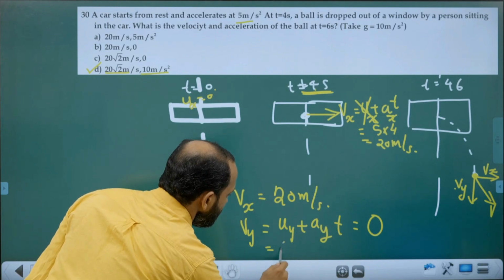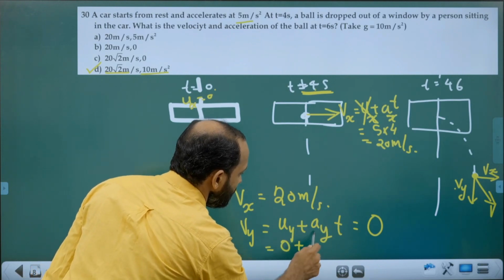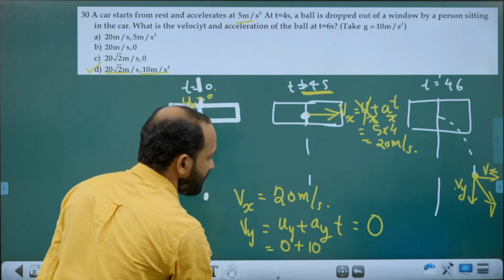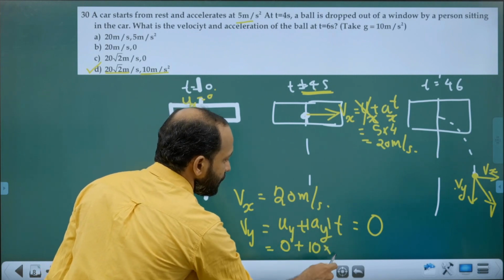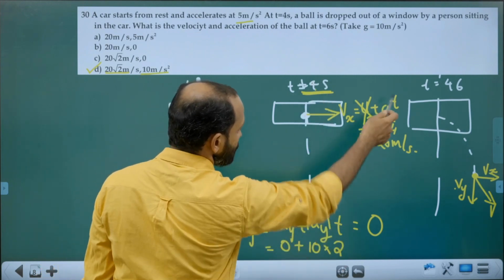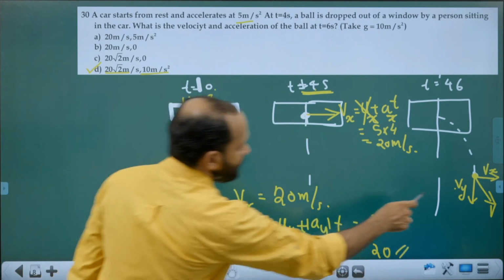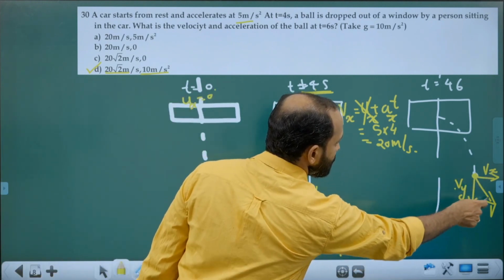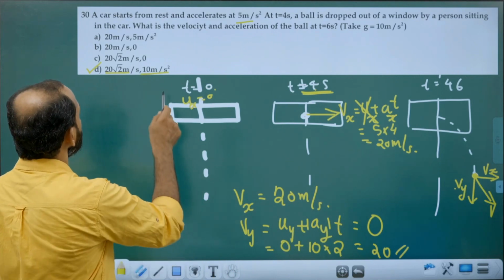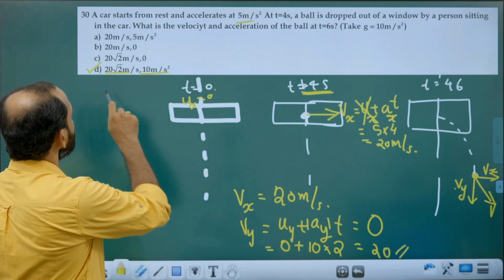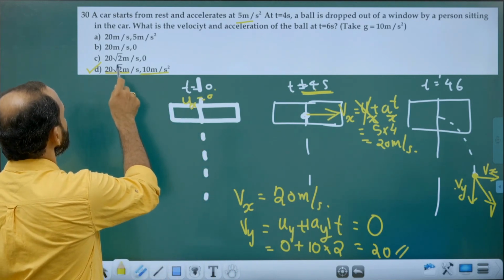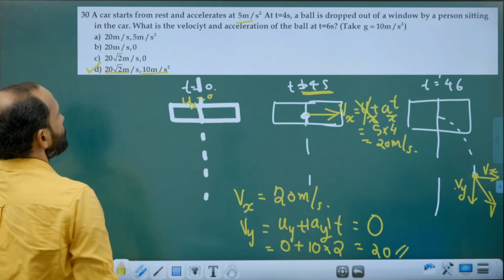So uy is 0 plus ay, which is numerically 10 meter per second square, taking the magnitude, into time 2, and that is 20 meter per second. Vx is equal to 20, Vy is equal to 20. So the resultant will be root of 20 square plus 20 square, that is 20 root 2. So the correct answer is option D.